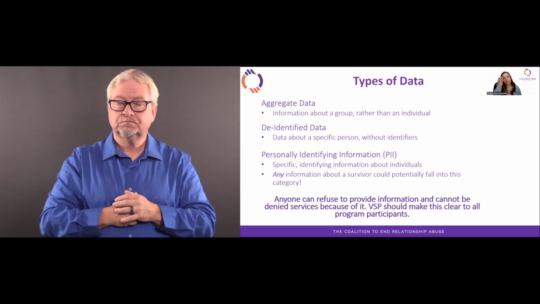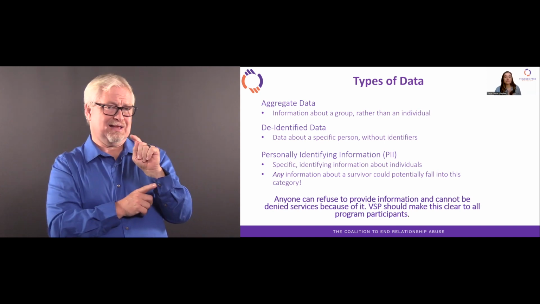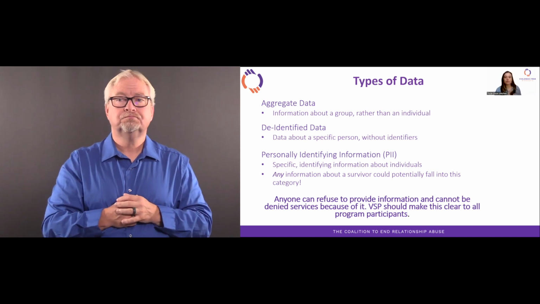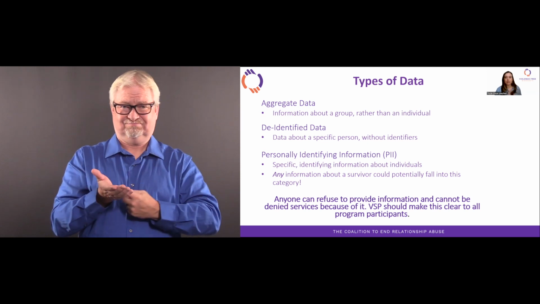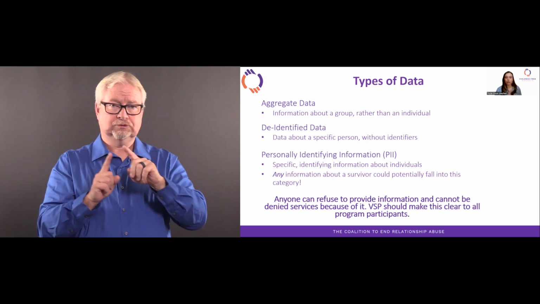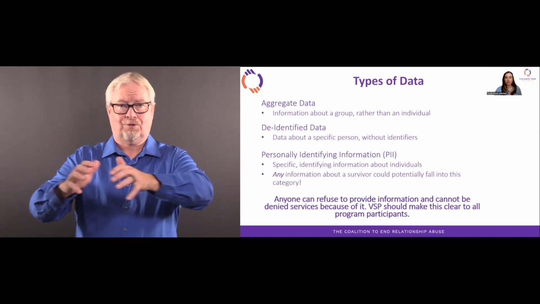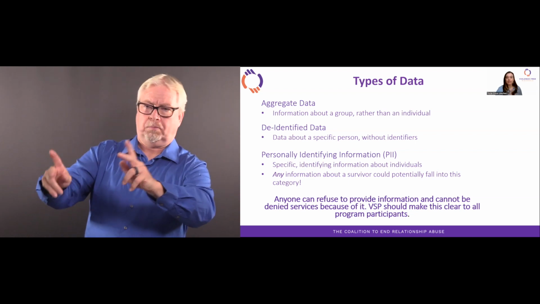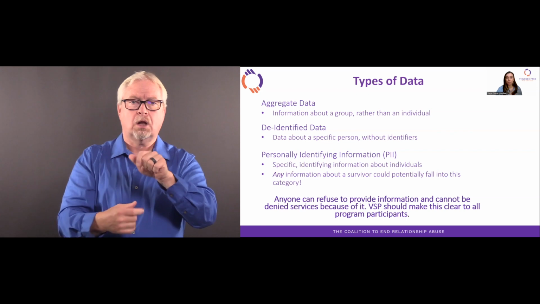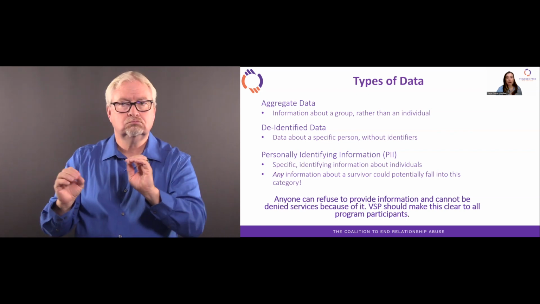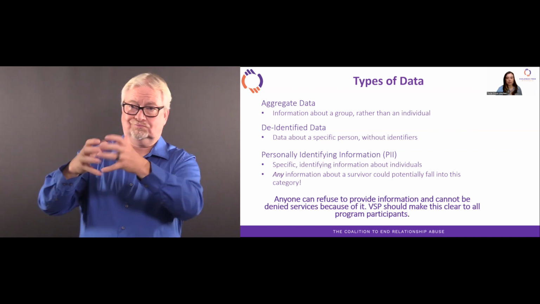It is important to know what type of data HUD is seeking. In this session, we will refer to 3 types of data. Aggregate data is information about a group as a whole and not any specific person.